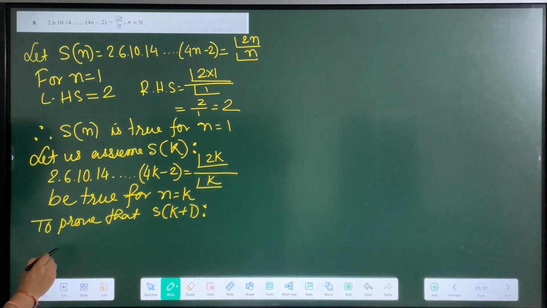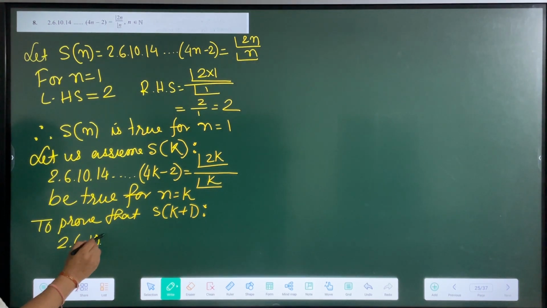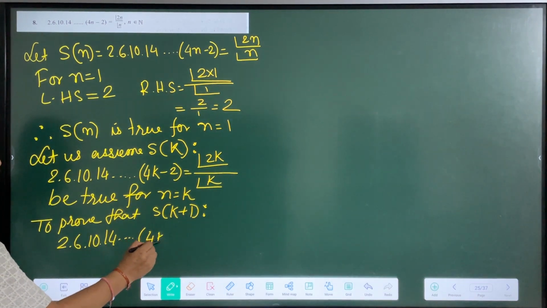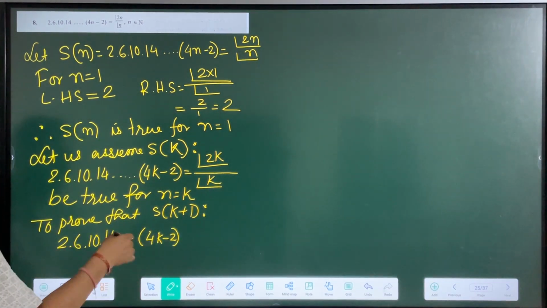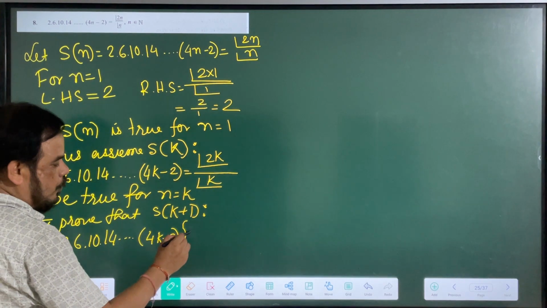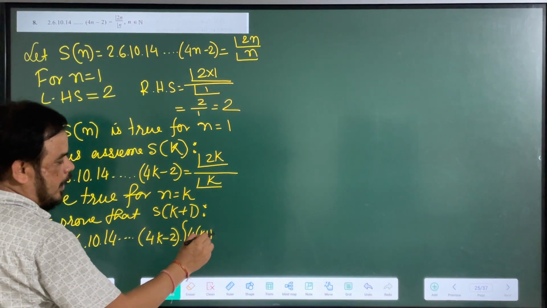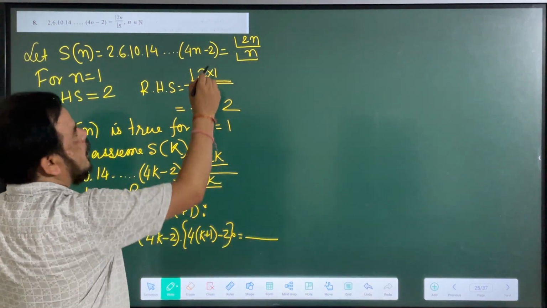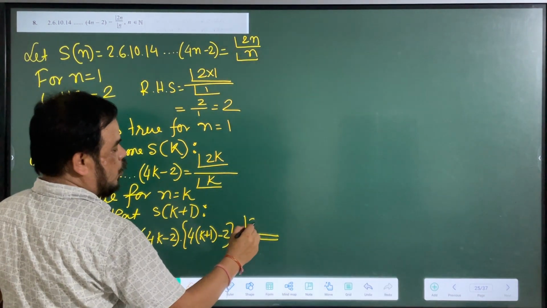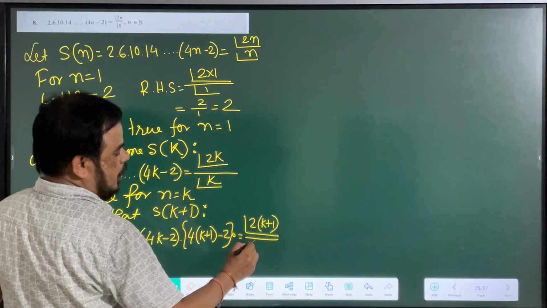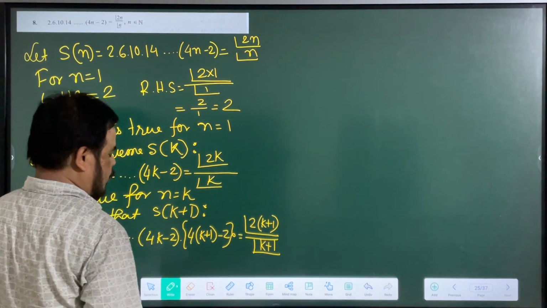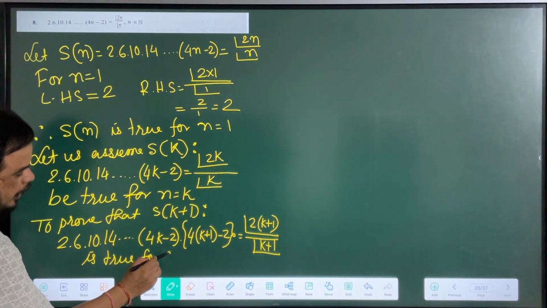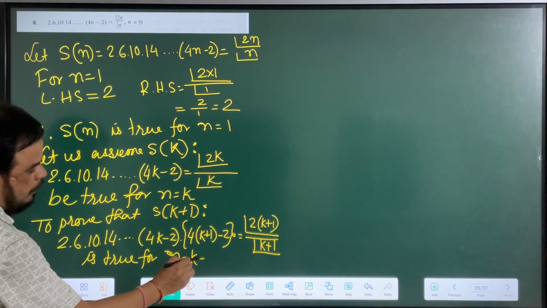We will write now 2, 6, 10, 14, up to 4k minus 2 till k. Next will be into 4 into k plus 1 minus 2 equals to factorial 2k plus 1 by factorial k plus 1 is true for n equals to k plus 1.